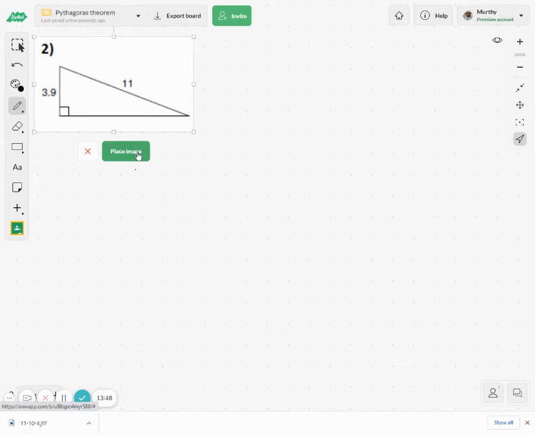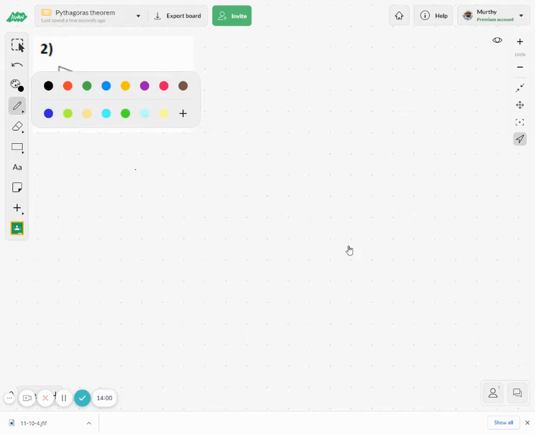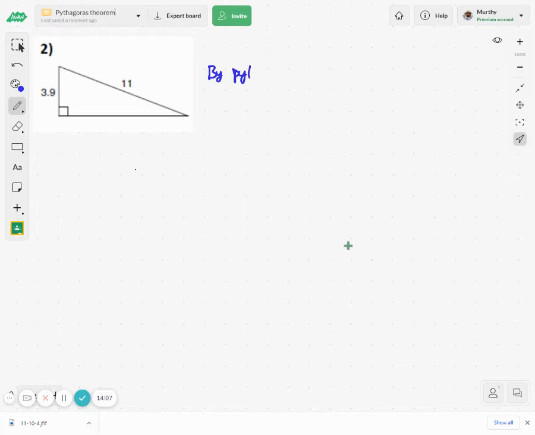I'm taking an example. This question is the same as the previous examples, but the only difference is that here one of the sides is missing. You know that by the Pythagoras theorem, you may get a doubt: is it necessary to write the Pythagoras theorem every time you solve a question?